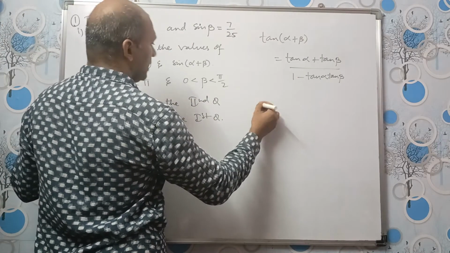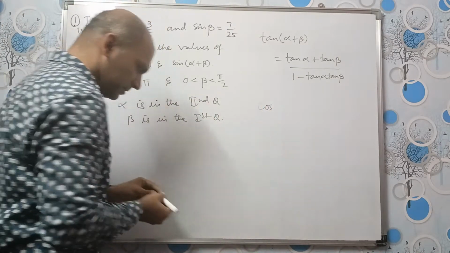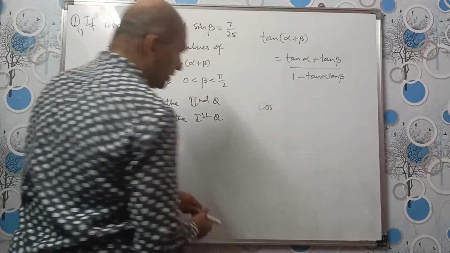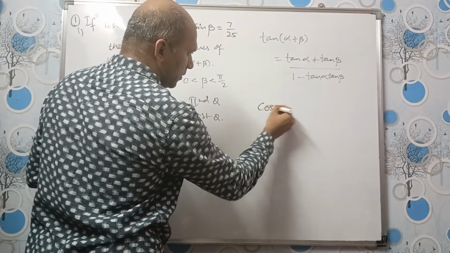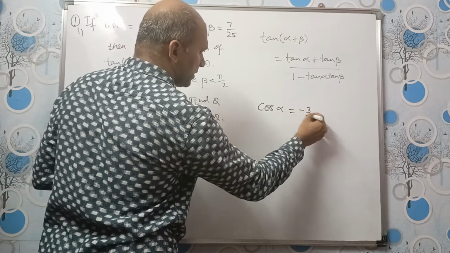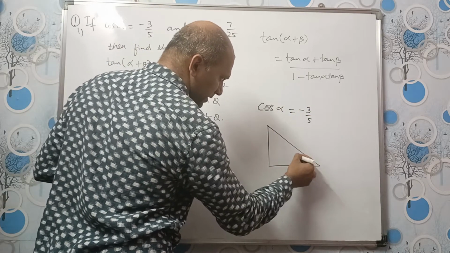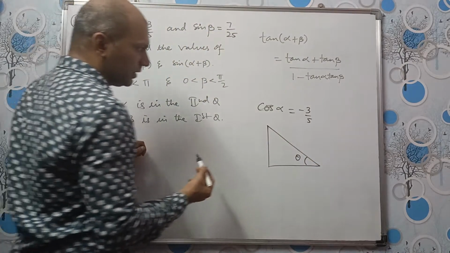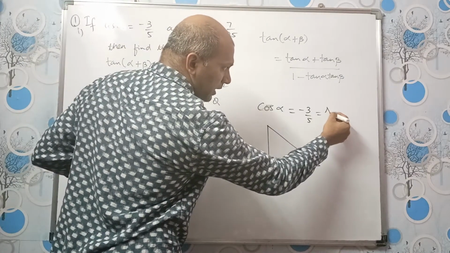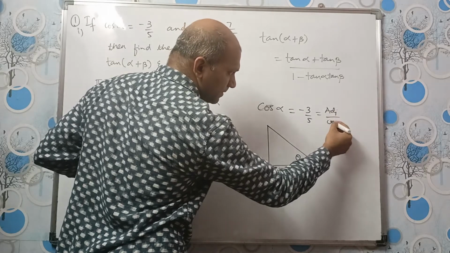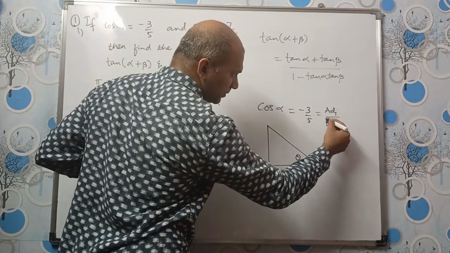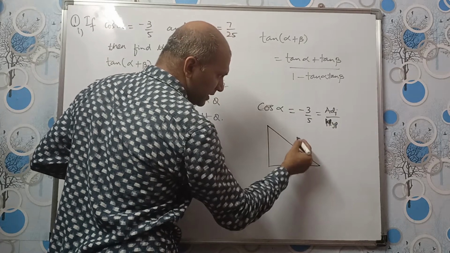See, let us take cos alpha. I'll change the marker. Cos alpha is minus 3 by 5, right? So if we draw a right angle triangle, let us say this is theta. What is cos? Adjacent by hypotenuse, right? So this is adjacent, this is hypotenuse.